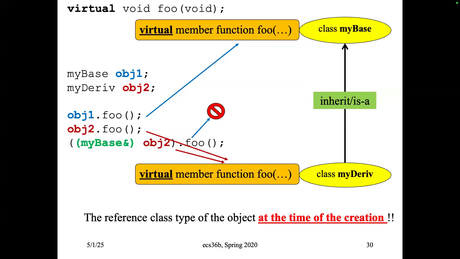And therefore, when you do this casting, I'm still calling the member function. Okay, that's how it really is. So at the time the object was created, what was the data type? That will determine how the virtual function is going to be called. So no matter how you do that, I'm still calling the my derived version of the member function.